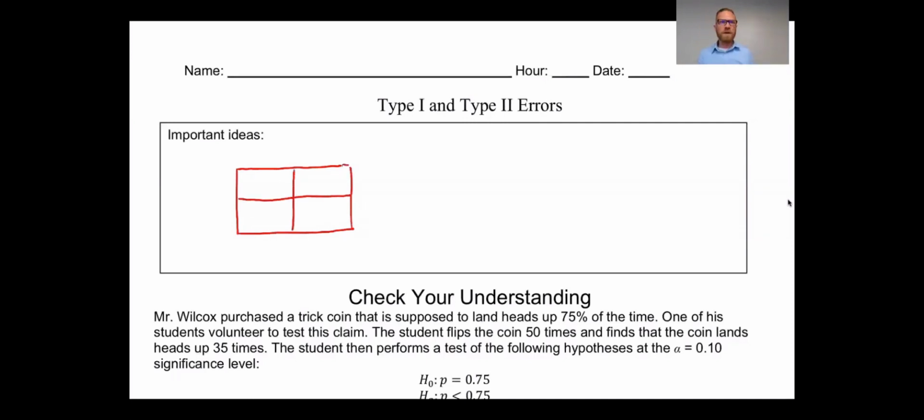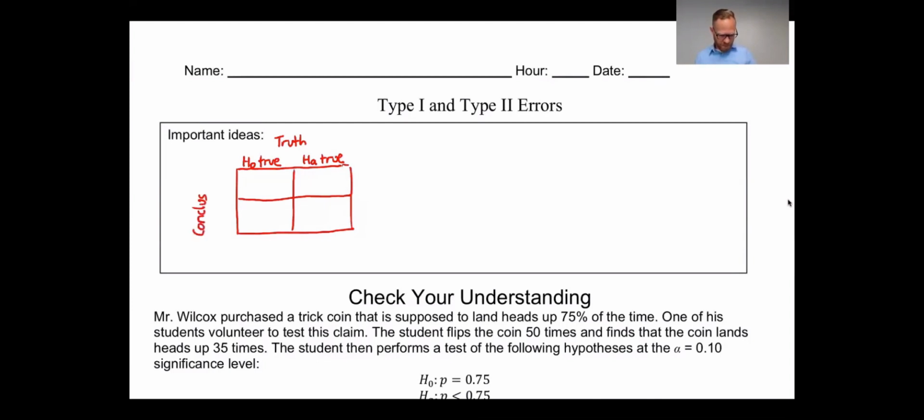And here's how we're going to organize this. On the top, we're going to have the actual truth. And there are only 2 possibilities when you're doing a significance test. Either the null hypothesis is true or the alternative hypothesis is true. Well, then we do a significance test, and at the end of the significance test, we have to make a conclusion.